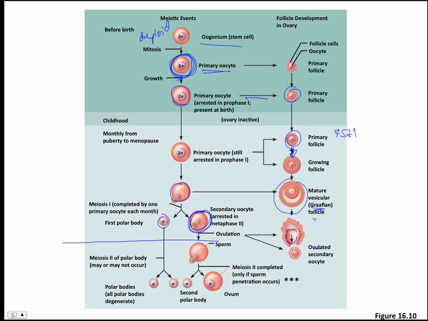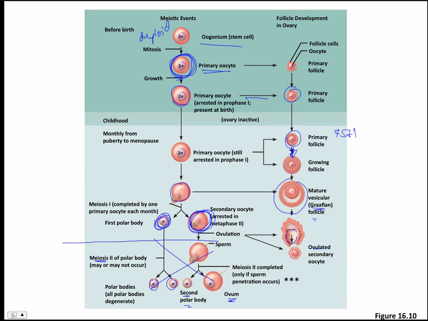And if fertilization happens, the sperm comes into contact with a secondary oocyte, then we're going to complete meiosis, in which case we're going to form a second polar body and an ovum. This first polar body is also going to grow and divide to form 2 additional polar bodies. If fertilization does not occur, we're going to stop over here and we're only going to have 1 first polar body and 1 secondary oocyte.